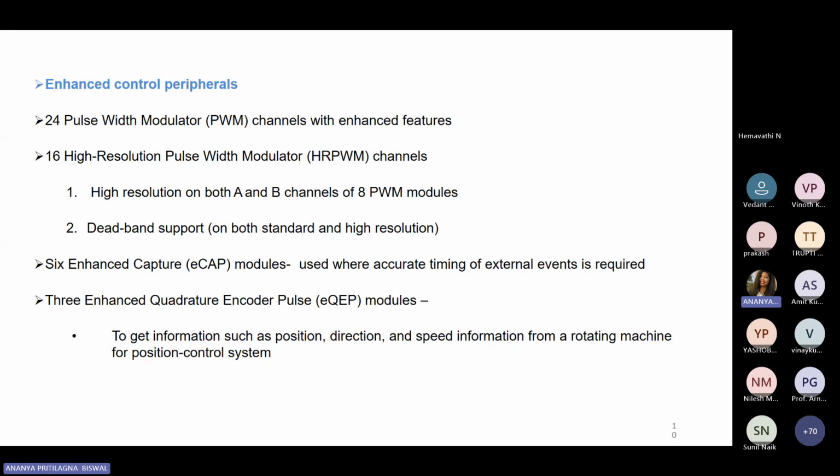Deadband support on both standard and high resolution. Six enhanced capture, that is ECAP modules, where accurate timing of external events is required. Then three enhanced quadrature encoder pulse, that is EQEP modules, which can give us information about position, direction, and speed for position control systems.